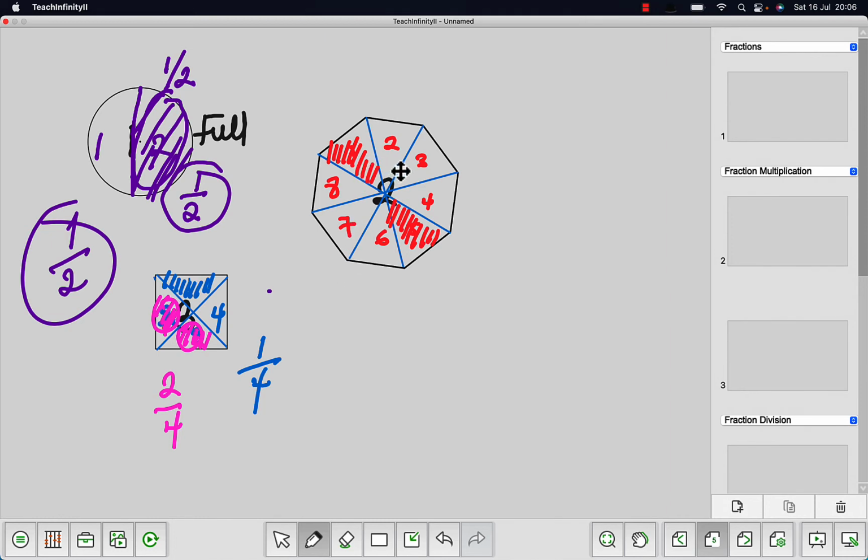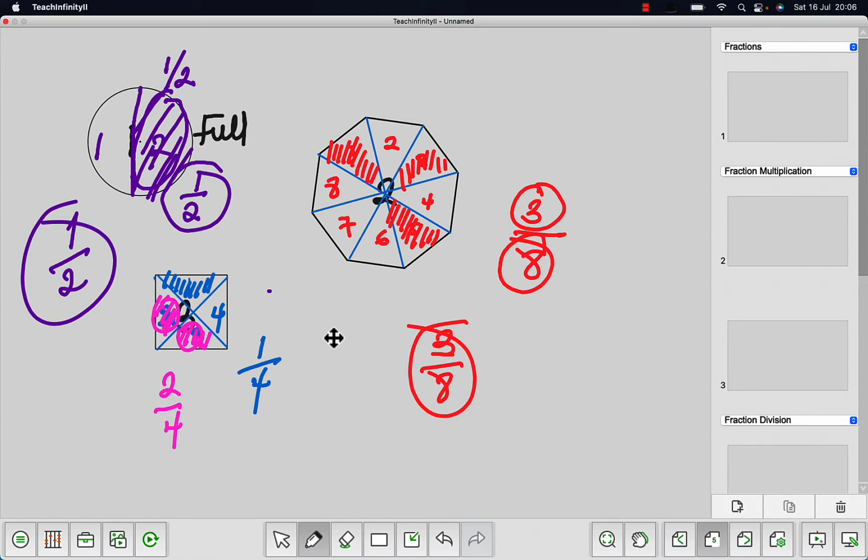Okay, let's also shade this. Great. So out of the 8 parts, you are accounting for 3. So if I ask you to write the shaded part in the form of a fraction, you are accounting for 3 out of 8, and that is what we call 3 of 8 as a fraction.